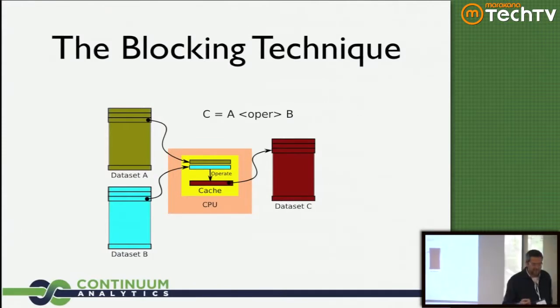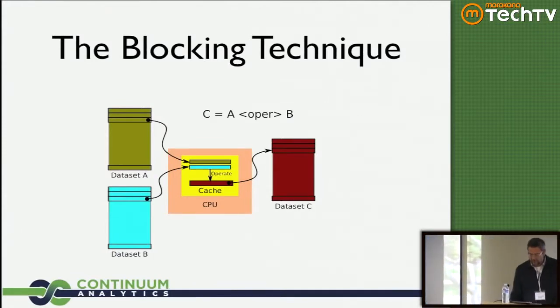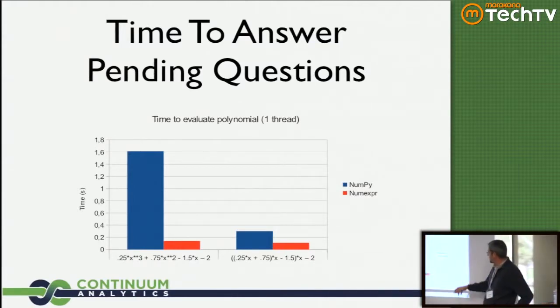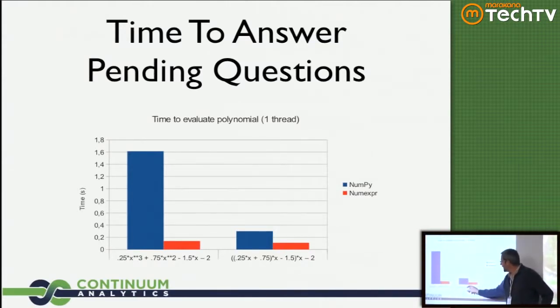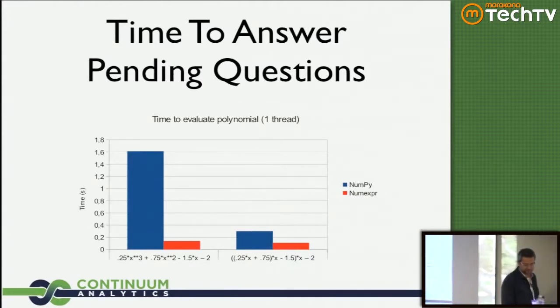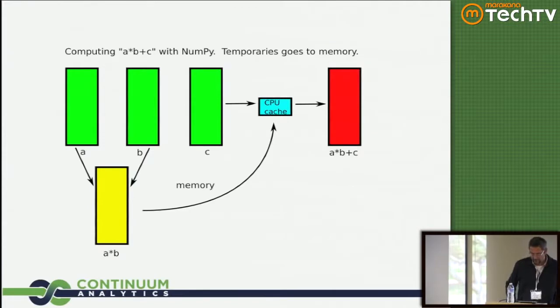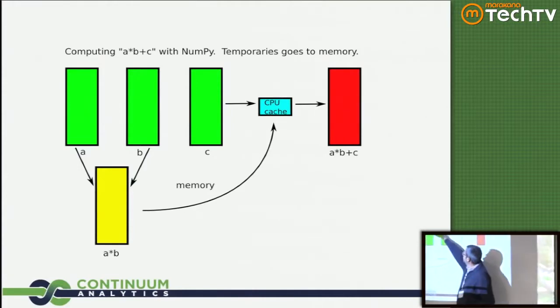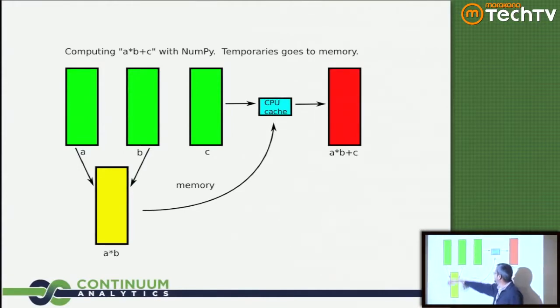So this technique is basically what Numexpr does. Okay? So this explains why Numexpr is still faster in this situation. So for example, for NumPy, we have to compute this expression here, a*b+c.